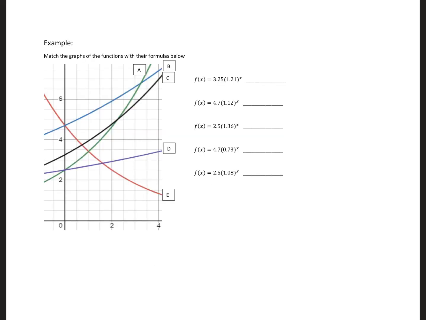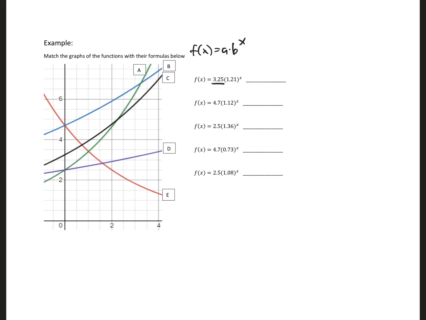So let's apply these ideas to graphs. The initial value, a, if we're considering these as f of x equals a times b to the x, will help us get a good start. So let's try and identify this f of x equals 3.25 times 1.21 to the x.